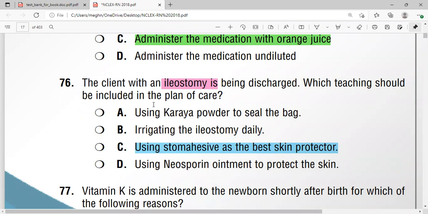Answer A is not correct because the bag will not seal if the client uses the powder. And answer B is incorrect because there is no need to irrigate an ileostomy, no need to wash. And answer D is incorrect, it is not used to protect the skin because it is an antibiotic, neomycin.